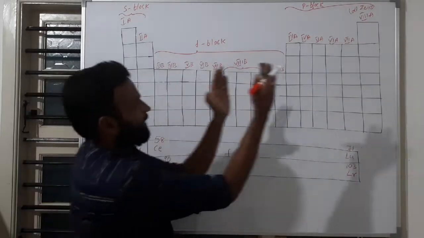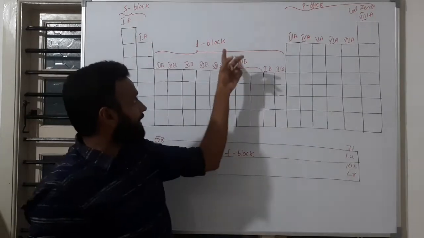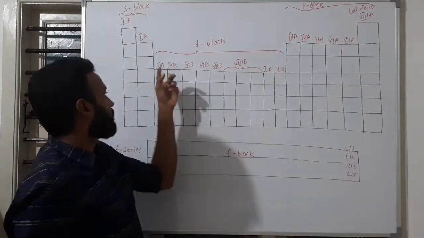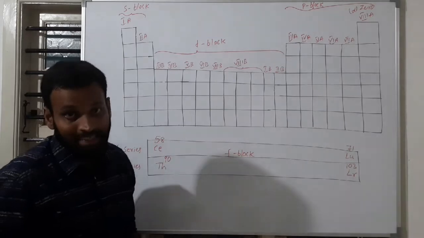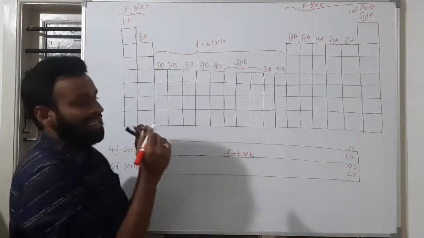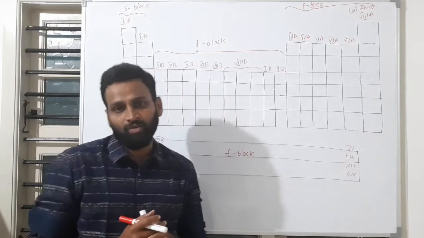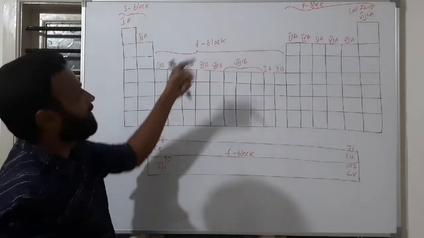The S block and P block combined we call A. The D block in the middle we call B classification. The D block consists of 10 groups because the D subshell can have a maximum of 10 electrons. That's why you will have 10 groups in the D block.